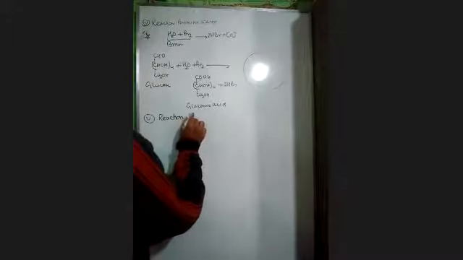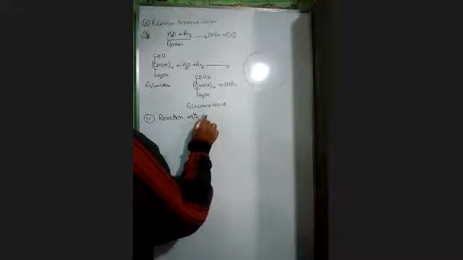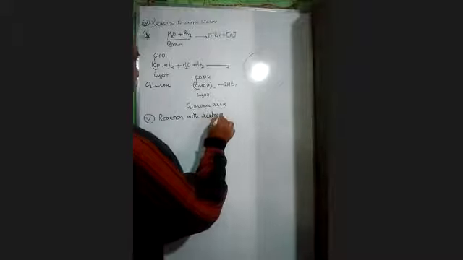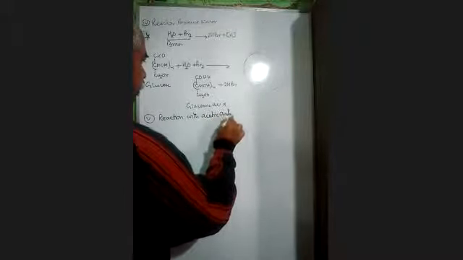We are going to do a reaction with acetic anhydride. Why? We know that acetic anhydride, when we react it with alcohol, gives us an ester. Reaction with acetic anhydride.